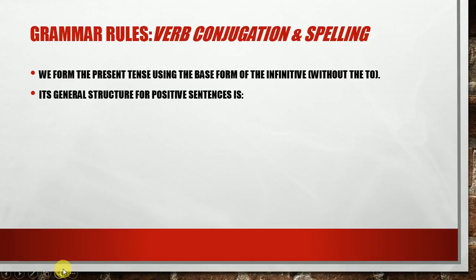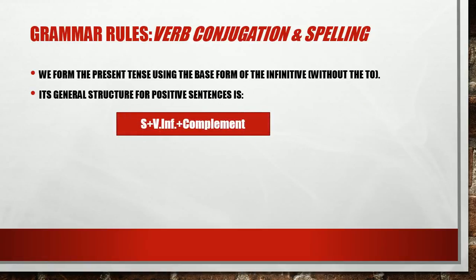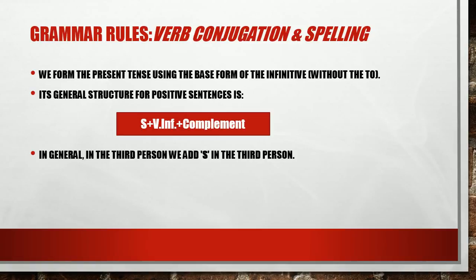We form the present tense using the base form of the infinitive without the to. Its general structure for a positive sentence is subject plus the verb in the infinitive plus complement. It's very general, it's very simple. In the third person, we add s.